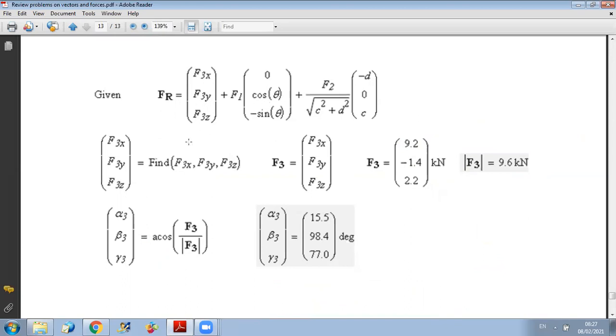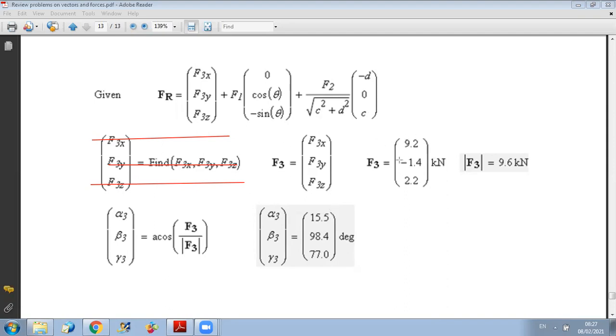By writing this, you directly have a system of 3 equations with 3 unknowns, because the first line represents the relation along x, the second line along j, and the third line the comparison along k. Now you can calculate the 3 components, f3x, f3y, and f3z.